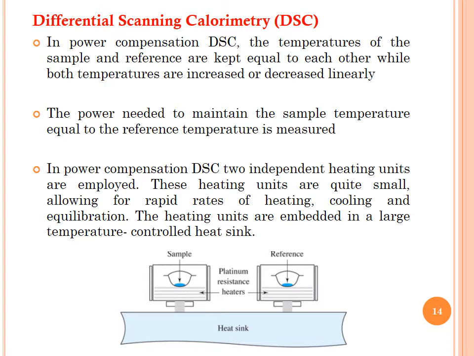In power compensation DSC, two independent heating units are employed. These heating units are quite small, allowing for rapid rates of heating, cooling, and equilibrium. The heating units are embedded in a large temperature control heat sink. As I already told you, what is the heat sink? Heat sink is basically a heat exchanger.